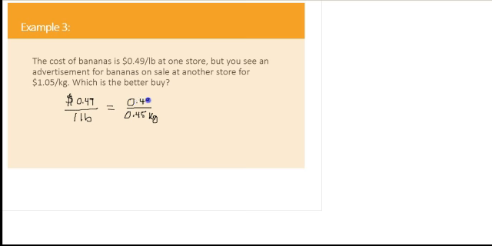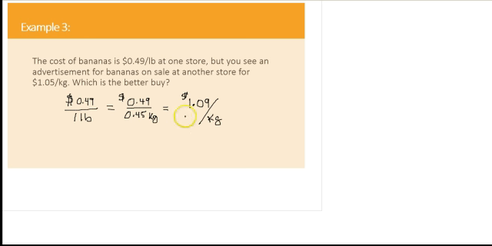So we can simply replace the 1 pound with what it's equal to. Then we take that 0.49 and divide it by the part of a kilogram it is, and we find that it's 1.09 dollars per kilogram. That's what we would get if we convert it to kilograms from the pounds.